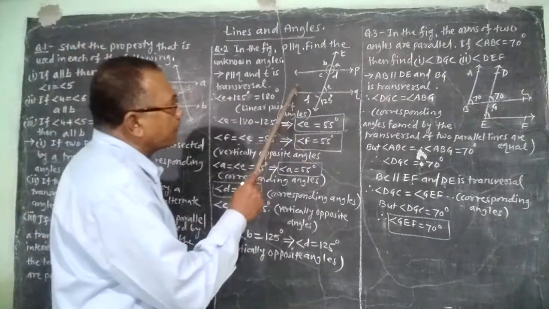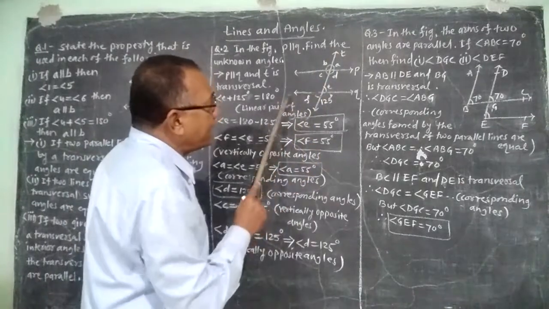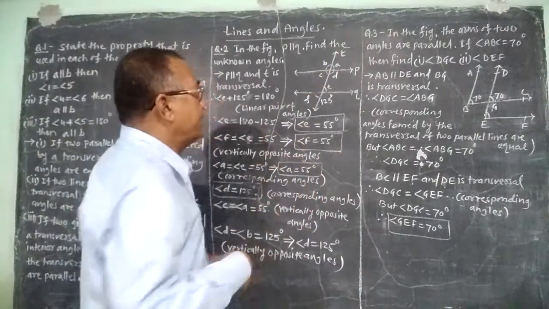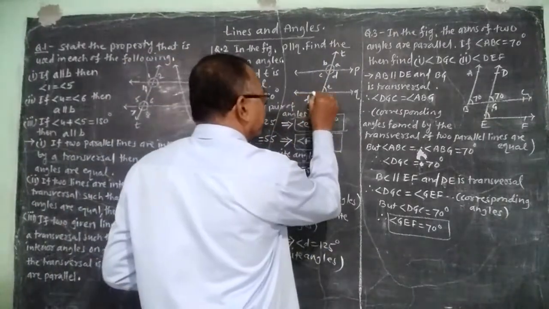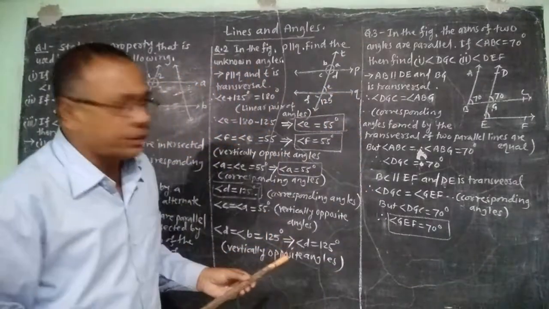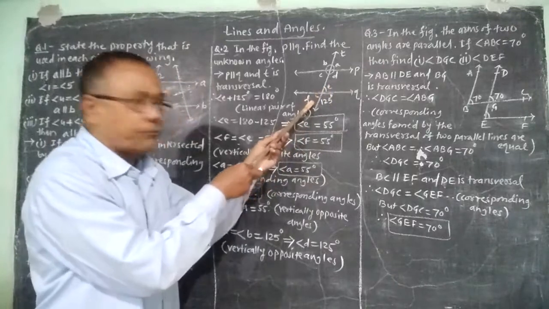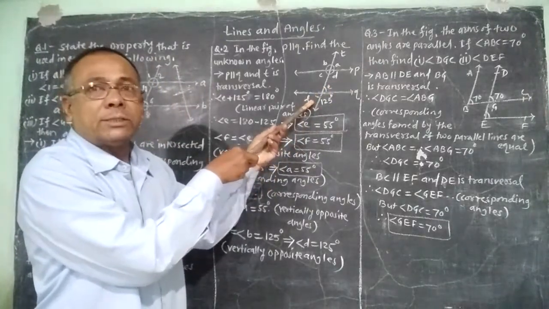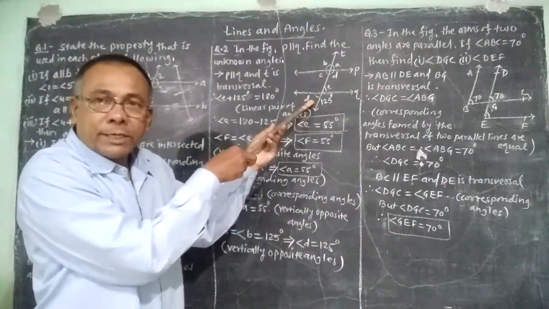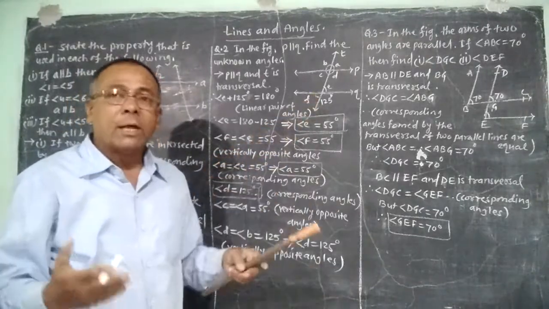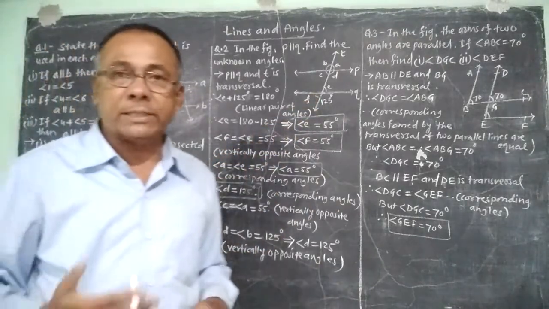Now here line T and line Q are intersecting lines, and due to these two lines, angle E and angle F are vertically opposite angles, and we know that vertically opposite angles are always equal.